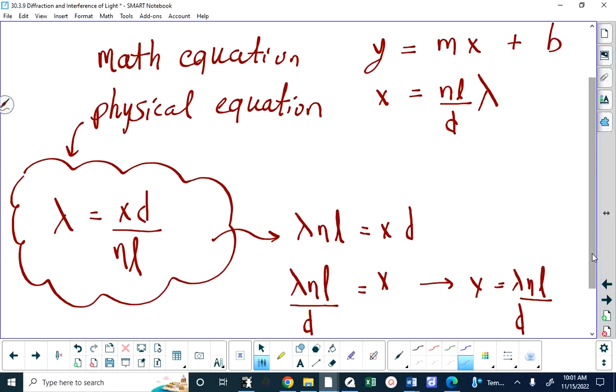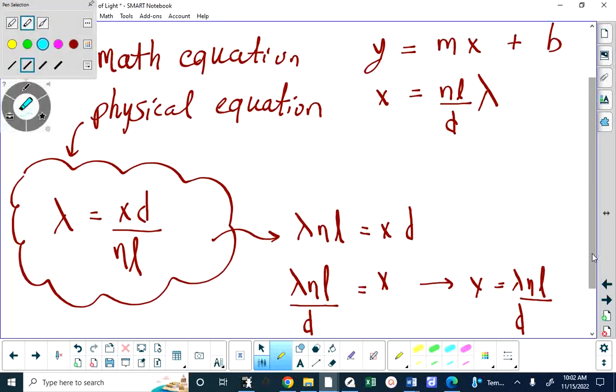Somebody enlighten us as to why I decided to write it that way. Annalie? Right. Lambda's on the x-axis. I'm doing a comparison. So this is again tricky because this x right here that I'm going to highlight is not the horizontal variable.